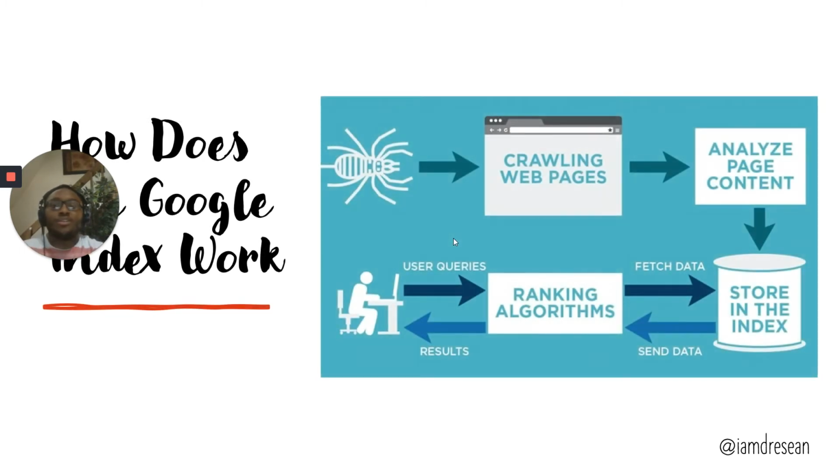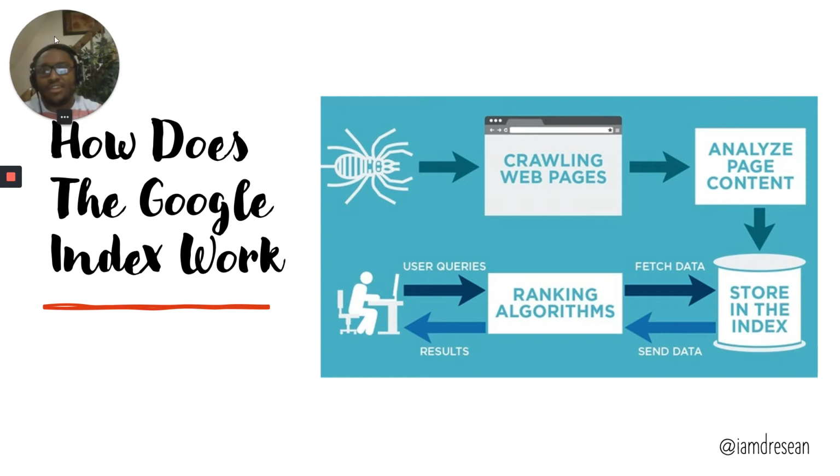So how does the Google index work, right? I know it's a little distracting, but essentially, you have that process. Google crawls the web page and then it analyzes the content. The content is then stored in the index. The user starts typing in something to find something online, maybe you looking for a new car. After the user types that data in, the algorithm is applied.